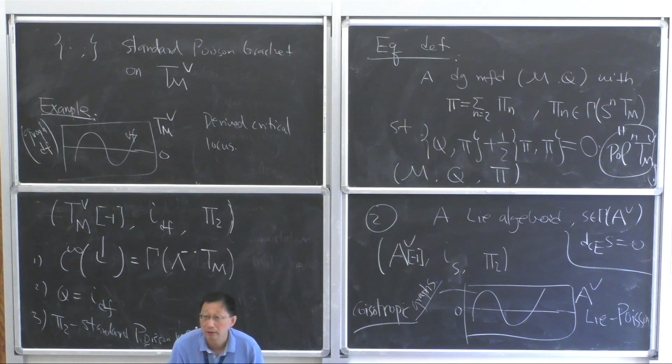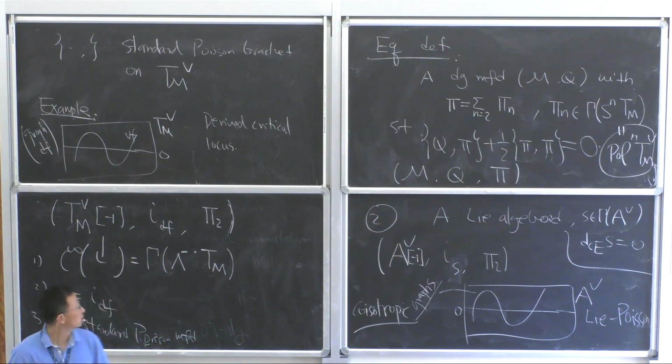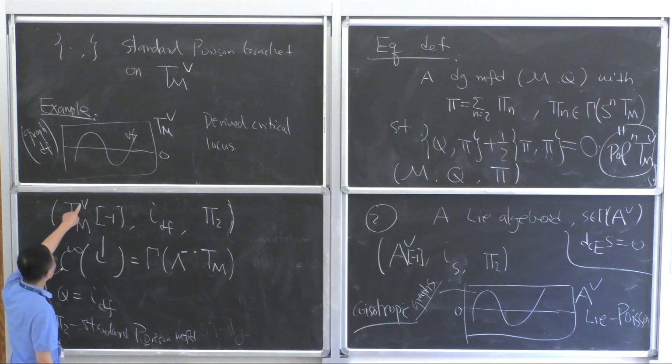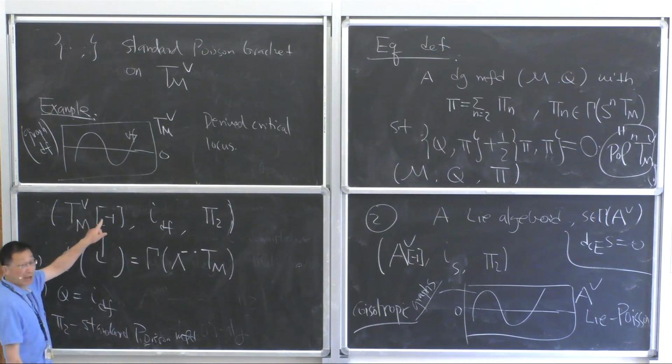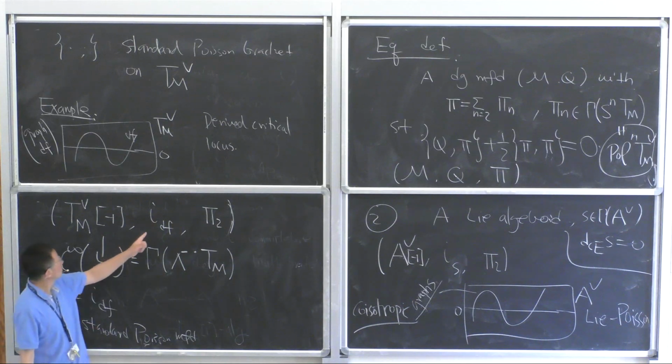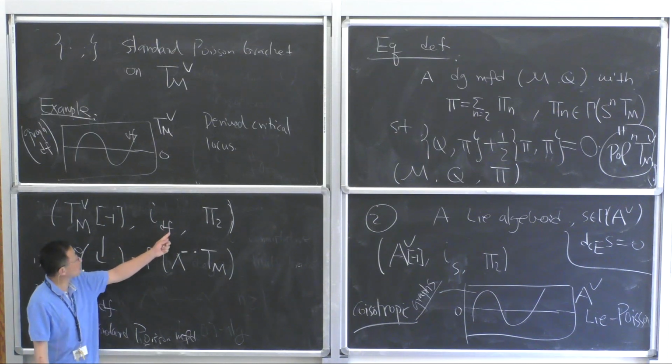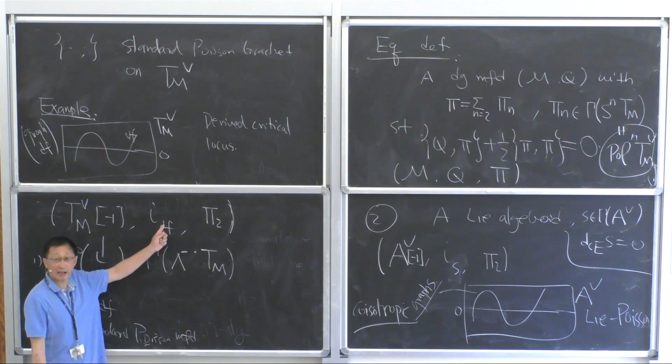Then in the previous example, should the F be a Casimir? You mean this one, the manifold? Because you want also compatibility between the F and the pi? F is a function. DF is just the Lagrangian. So DF is just a cocycle.